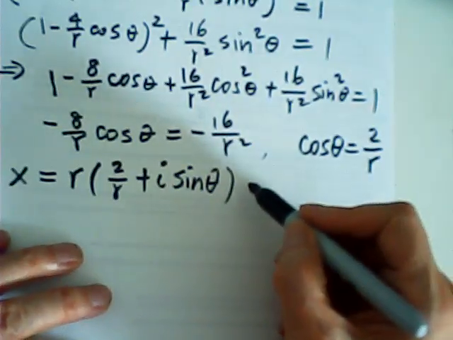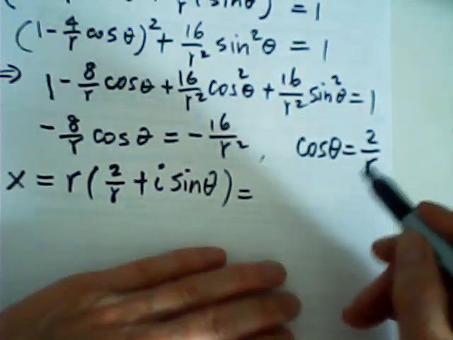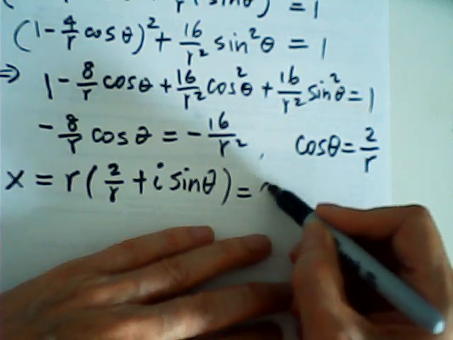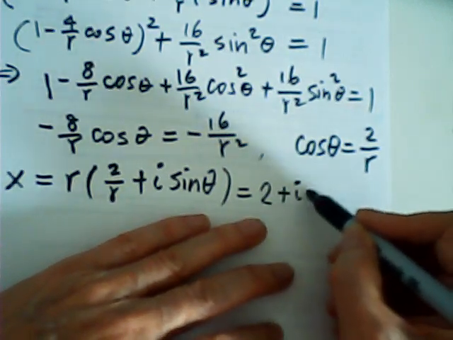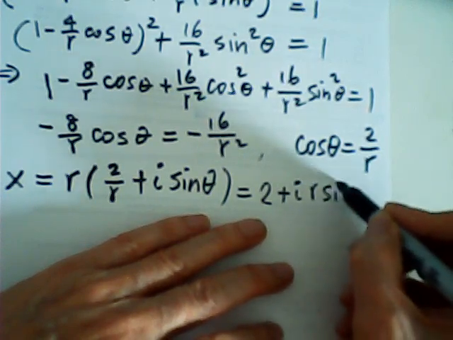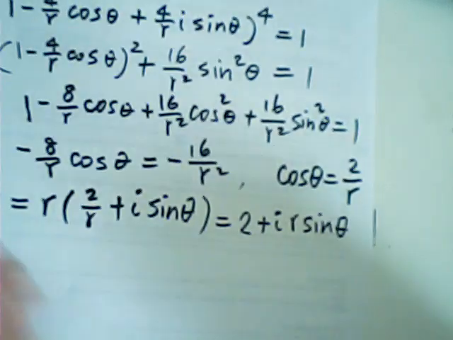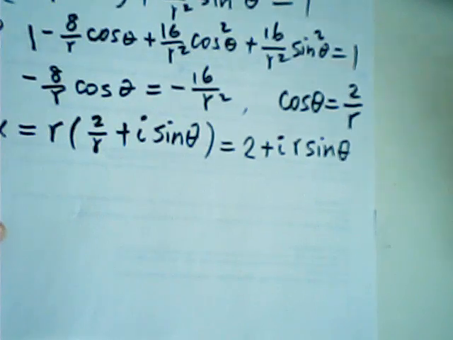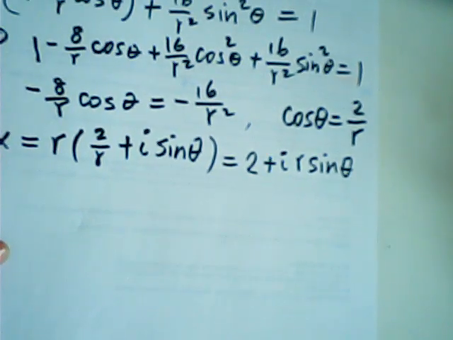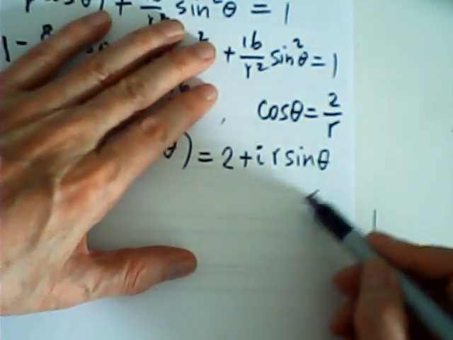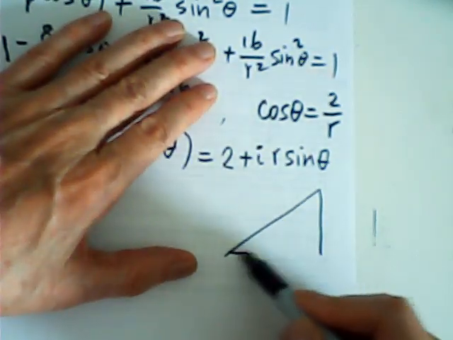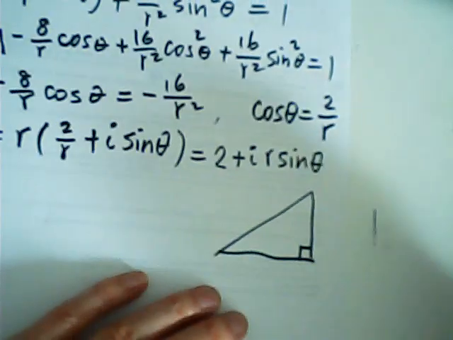Okay, which is equal to 2 plus i r sine theta. Now, we still have r, right? It's not good. So we try to get rid of r by using triangles here.